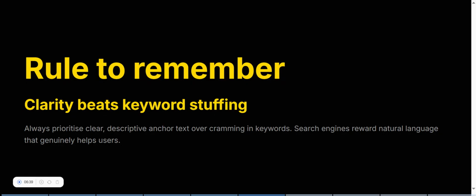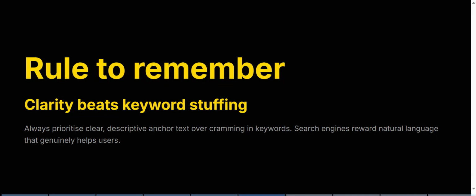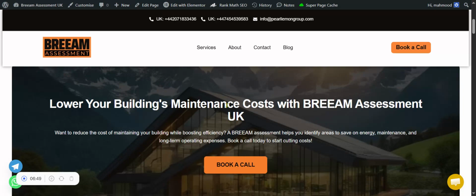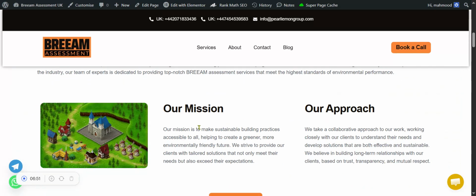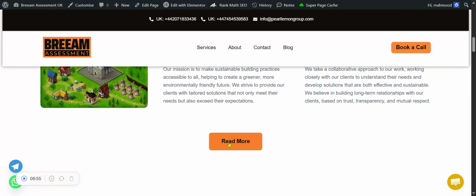So now, as a practical exercise, let us look at how we can change an anchor text. So in our trusty Bream assessment website, if we scroll down here after we introduce the company right here, you see there's read more.